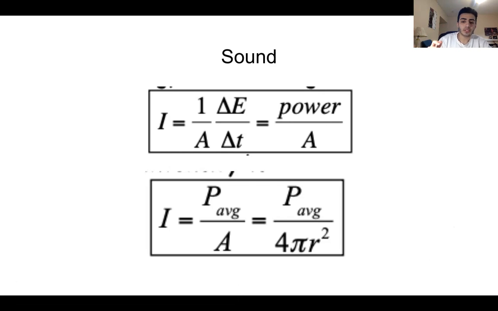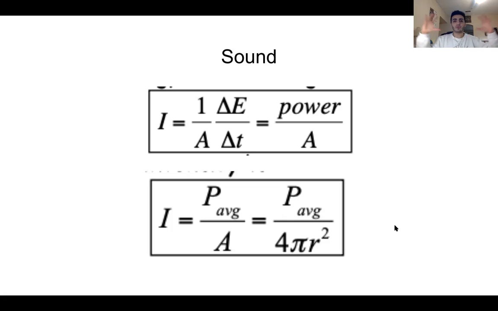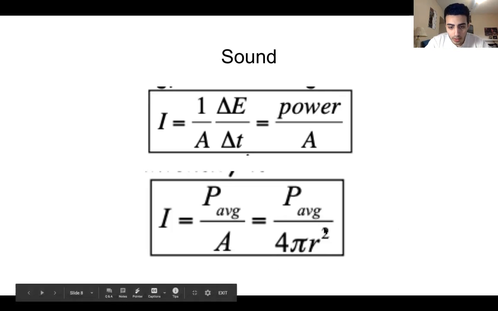This is an explanation for how sound travels. Sound doesn't only travel in one direction, the way we're facing. It travels in all directions, up and down, sideways. So this is the area of a sphere, because the sound travels in a spherical kind of dimension. So this is why it's like this.